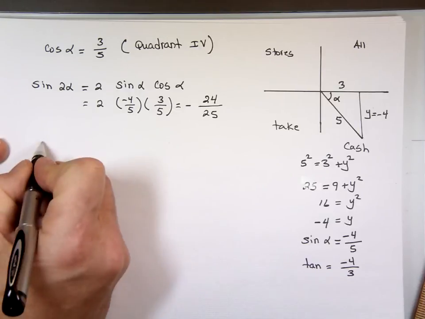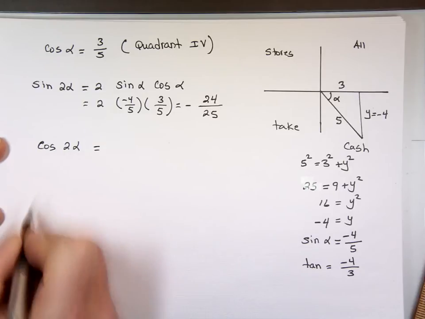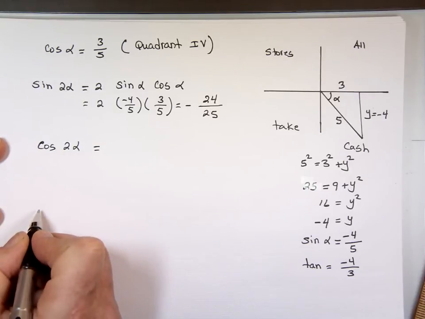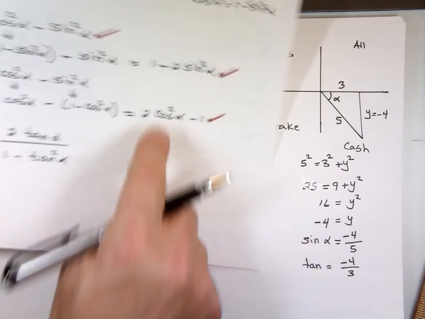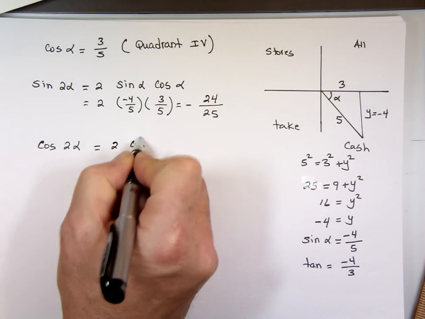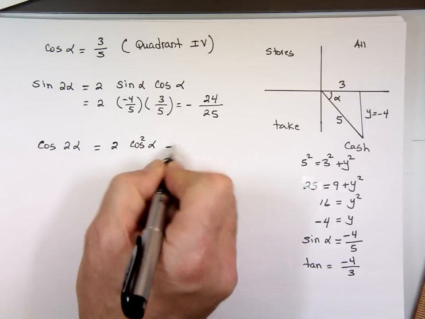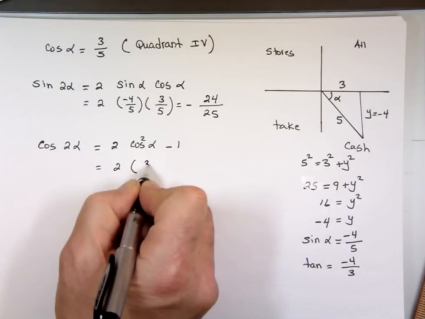The cosine of 2 alpha. Again, I don't want to make a mistake. Since I was given the cosine, I'll stick with that one. 2 times cosine squared alpha minus 1. 2 times cosine alpha is 3 over 5.